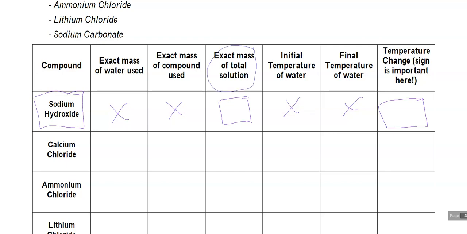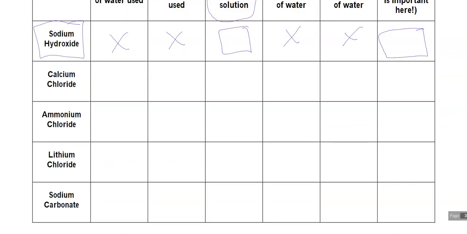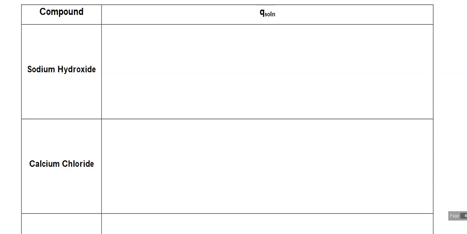Remember I talked about that in the pre-lab. You're going to look at the mass of the whole solution, because we're looking at heat of solutions here. Initial and final temperature of water to find your delta T. You'll follow along in the lab and get that data.